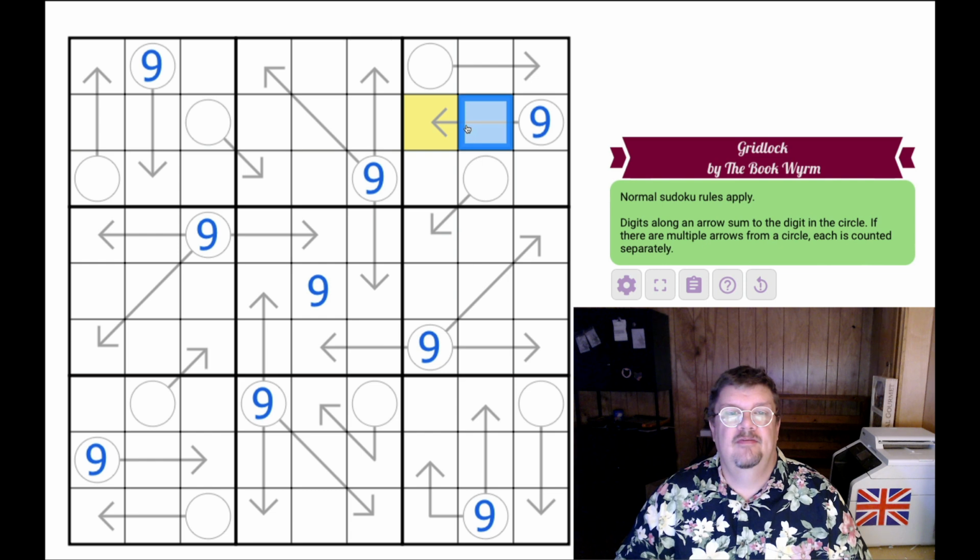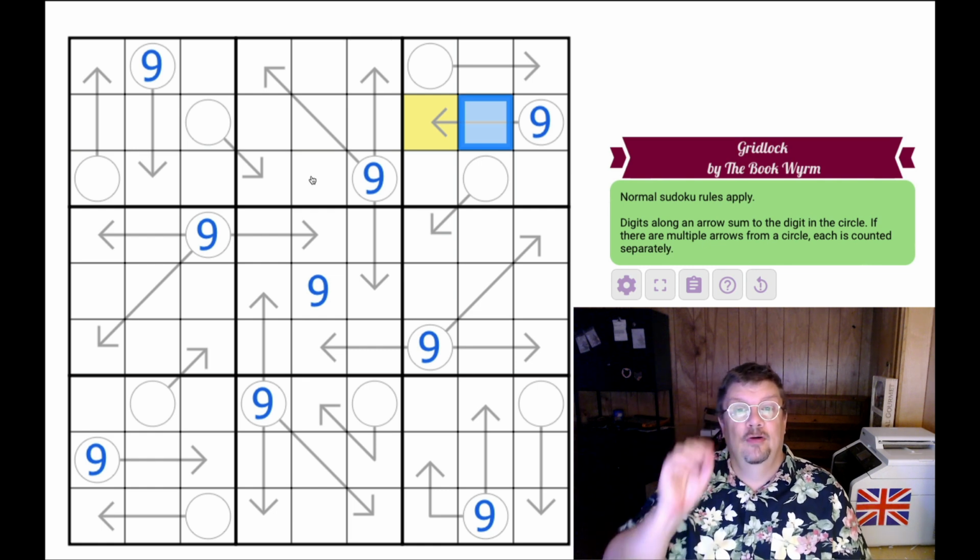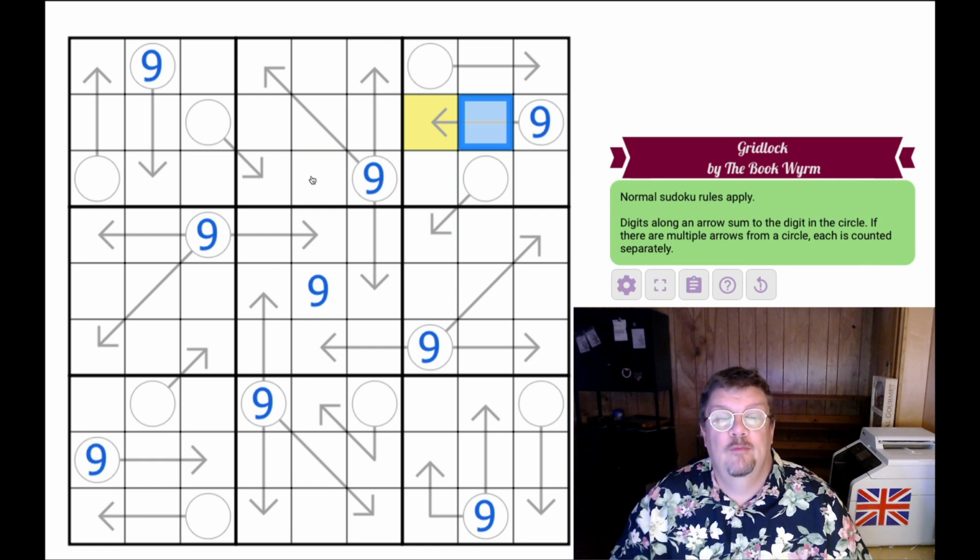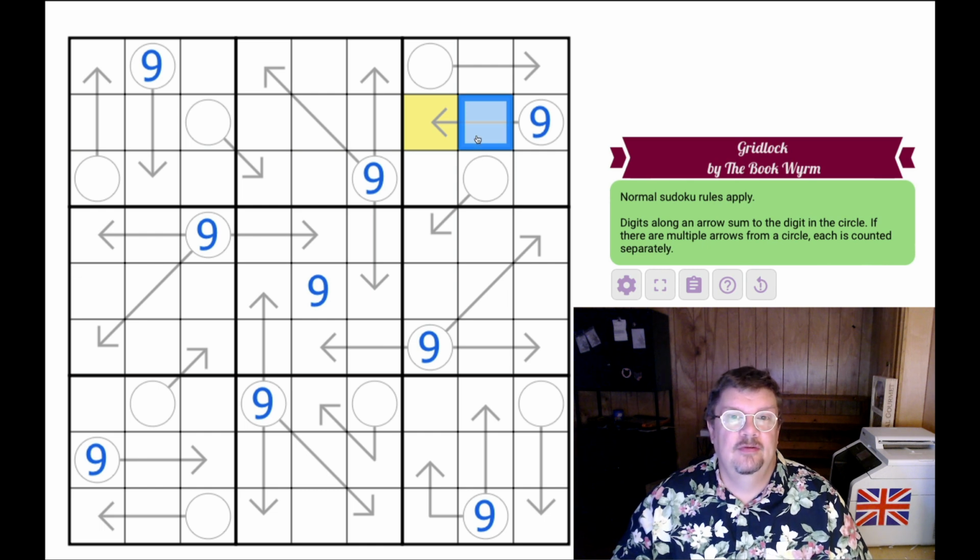So if I can identify where blue goes in this box, for example, that's really useful, and then at some point later in the solve I should be able to figure out what digit goes in a blue cell, and then all the blue cells that I've figured out, I can then put the digit in.